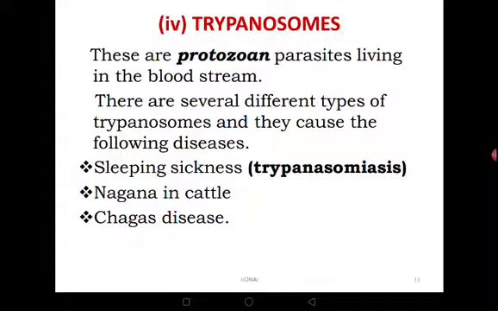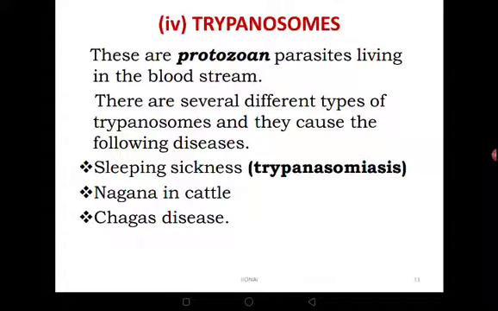Chagas disease is similar to sleeping sickness, but it's caused by Trypanosoma cruzi, and is majorly found in America. About 21 countries in the Americas, North and South America, have the infestation of this disease or these parasites. But at least these days, a lot of research has been done and medication, so the prevalence rate is very low now.